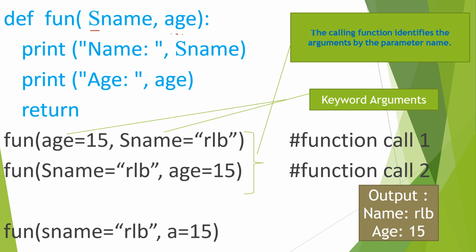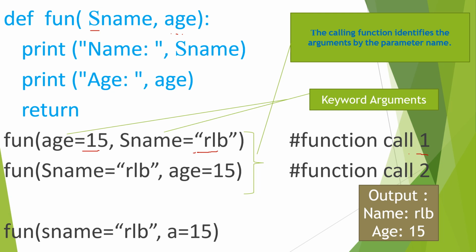The function call 1 is containing age equals 15 and sname equals RLP, two arguments. These arguments are the keyword arguments as they are named and assigned with values.